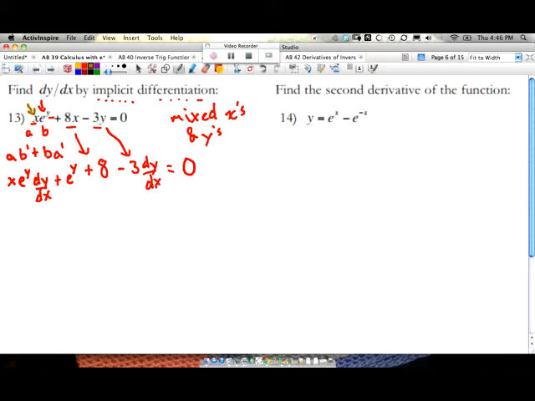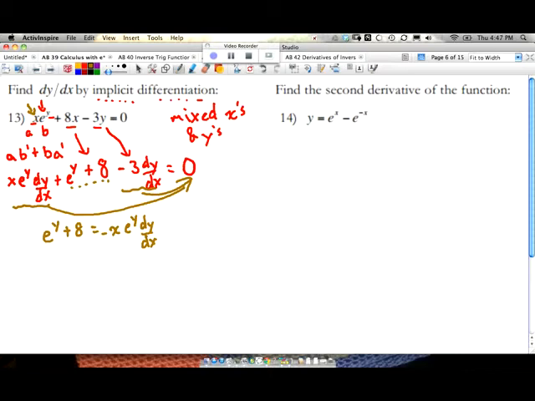All right. Now that we're here, I gotta move stuff. So I'm gonna take this one and this one and move them over. A little bit of algebra going on. So that means e to the y plus 8. These dotted lines here, those stay. So we got e to the y plus 8 equals, and then on the other side I have x e to the y dy dx.